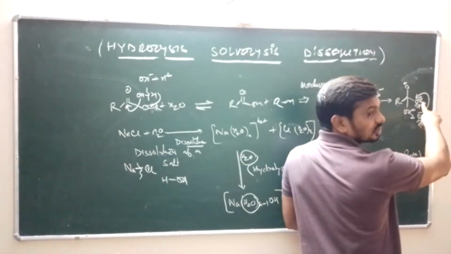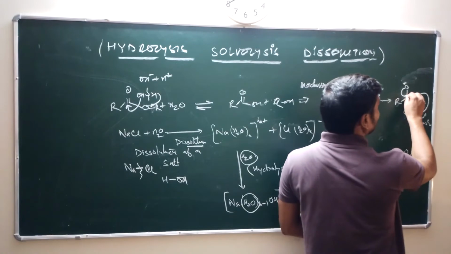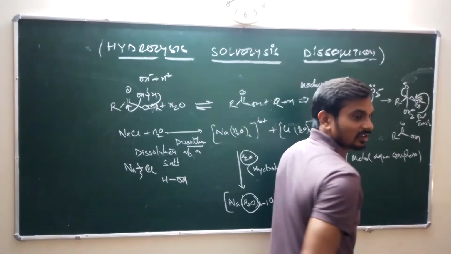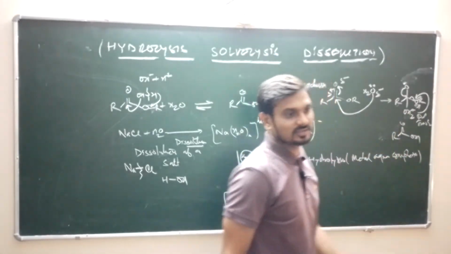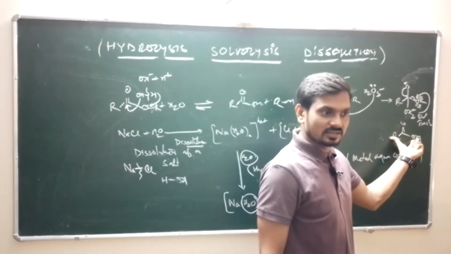It is very easy to break down this bond, and this electron pair will move down and restore its normal structure of OH. So that's why this process happens. Ultimately, my meaning here is to say this gets hydrolyzed.